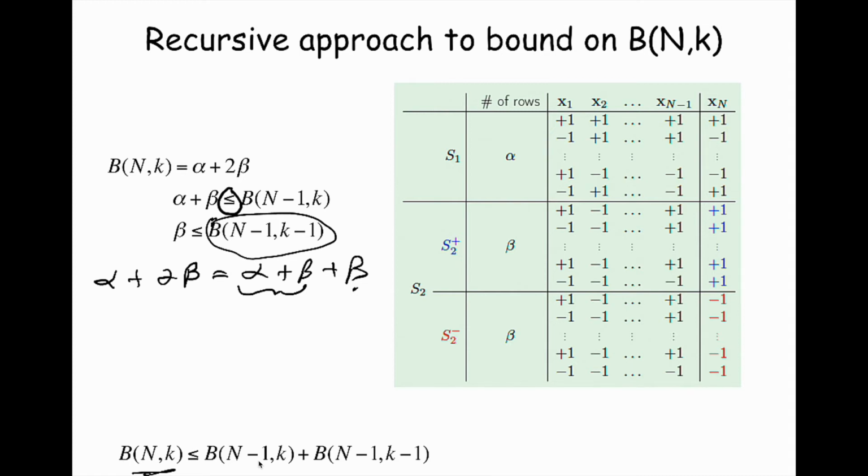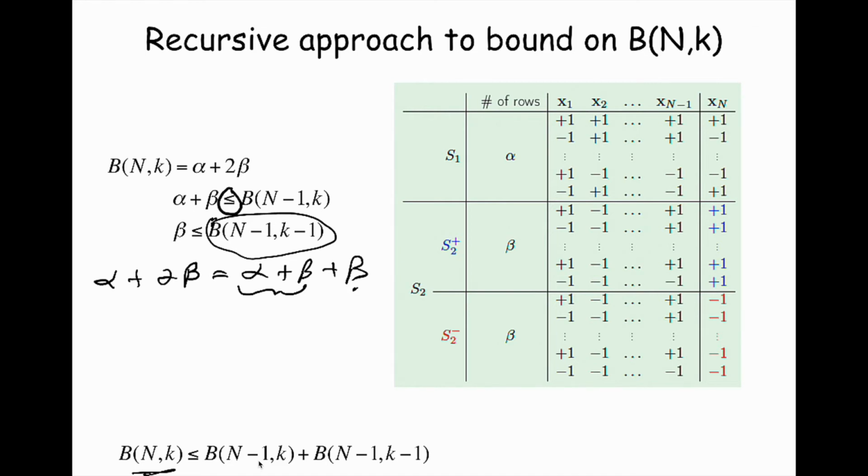Okay, so why did I do this? Well, now we have an expression that relates the number of dichotomies for a data set of size n given a breakpoint of k with the number of dichotomies for a smaller version, n minus 1 with the same breakpoint, and n minus 1 with the smaller breakpoint.